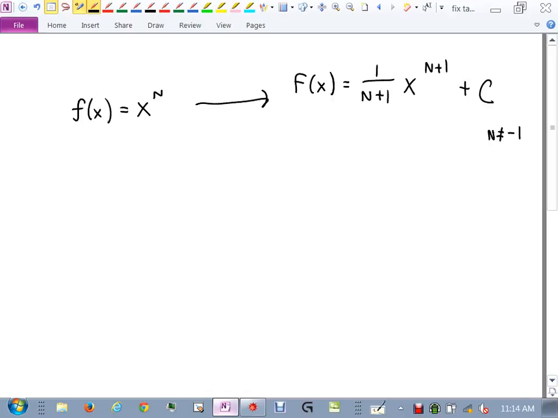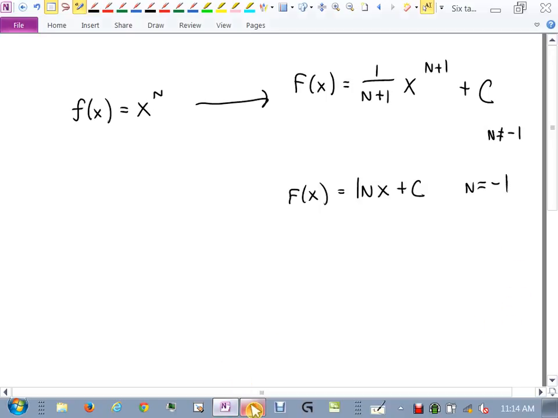Anything but negative 1. Now, if n was negative 1, the antiderivative was what? Natural log x plus a constant. That's what happened if n was equal to negative 1. So we have a way of finding the antiderivative of any power of x, whether it be an integer power or a rational power. No matter what the power is, we should be able to find the antiderivative.